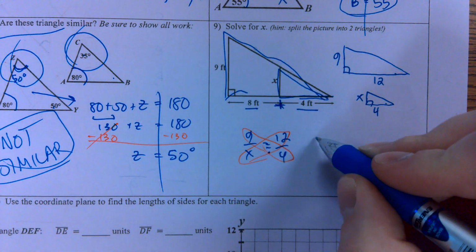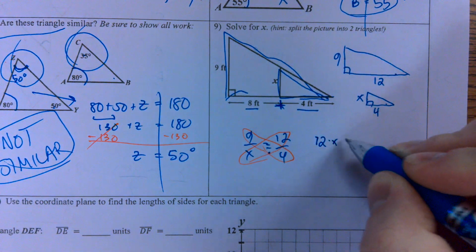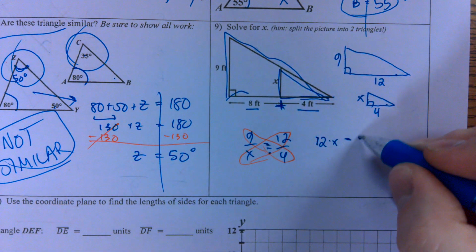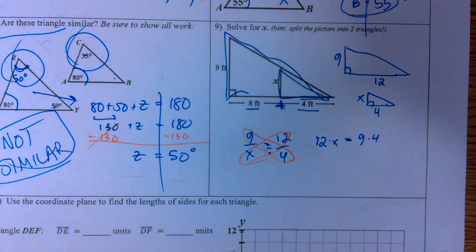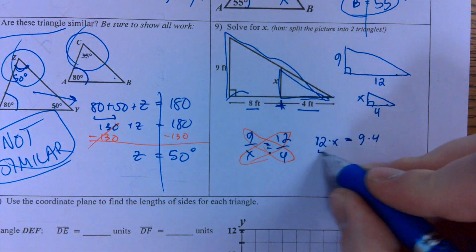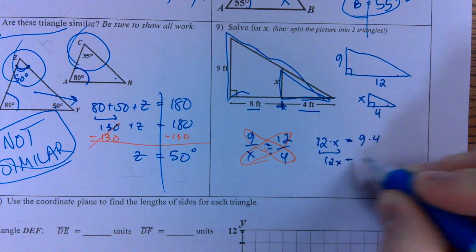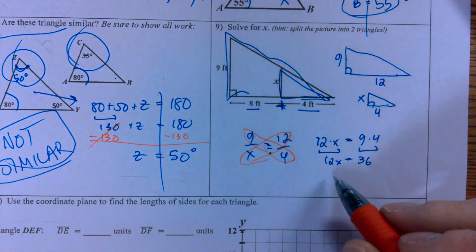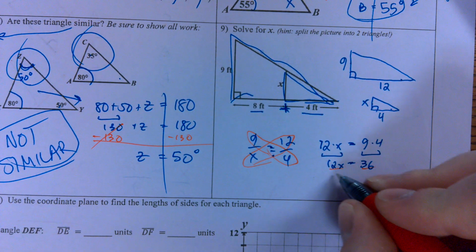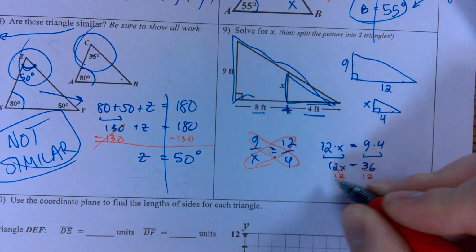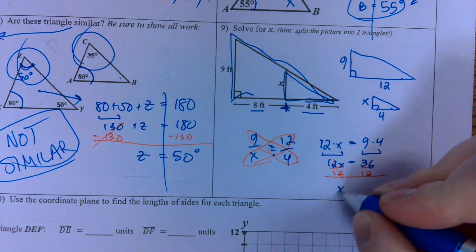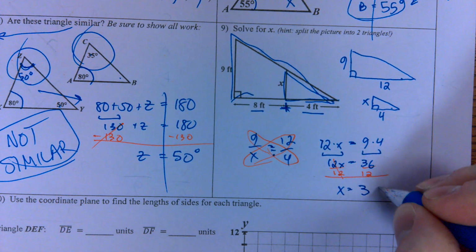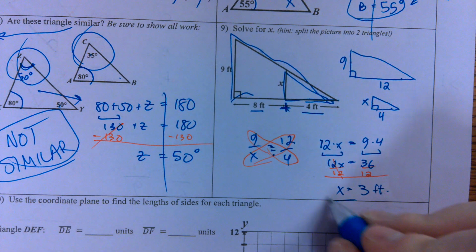On this side, I get 12 times x. On the other side, I get 9 times 4. 12 times x obviously is just 12x. And 9 times 4 is 36. Once again, if I want to get x all by itself, I'm going to divide both sides by 12, leaving me with x equals 3 feet.